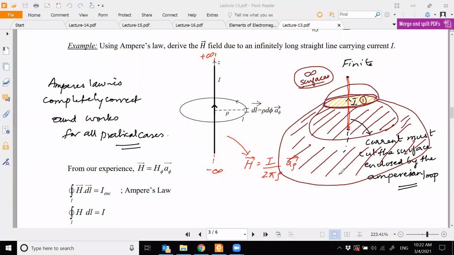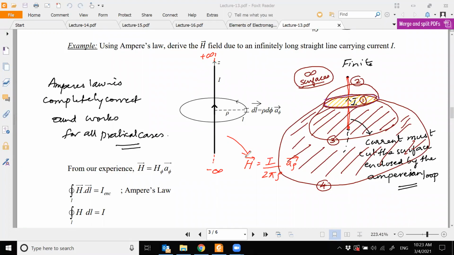Now for a finite wire, do you think the finite wire will cut all the surfaces? No, because if you see here, the finite wire is cutting only this black one and this one. Is it cutting the third surface? No. Is it cutting the fourth surface? No. That's the reason Ampere's law doesn't work for this finite case.